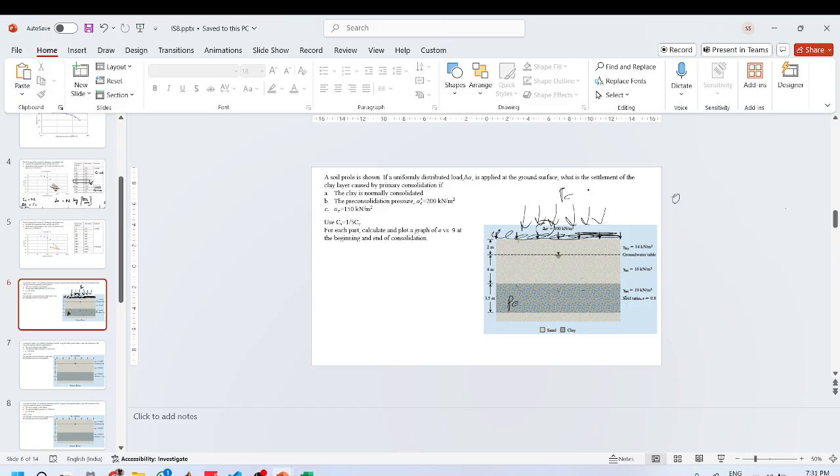That is how, as I start loading this soil, it will behave as an NC soil. If this was any lower than PC, then my soil would behave as OC. And if it was any higher than PC, then my PC would itself change. It would change to match the loading that is on this soil. Did you understand what I said?